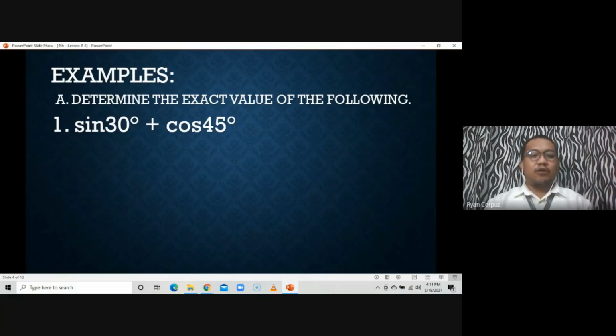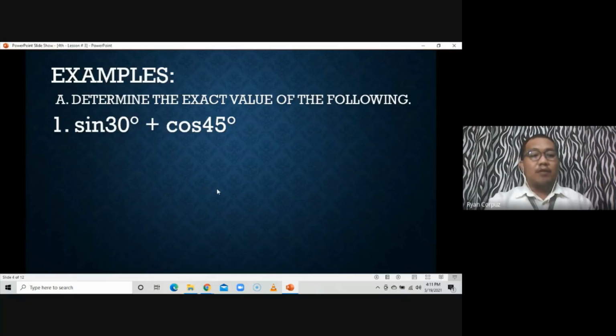So how do you simplify? You have to look first for the value of each given on the table of trigonometric ratios of special angles.